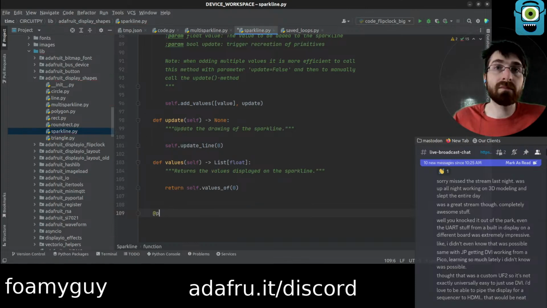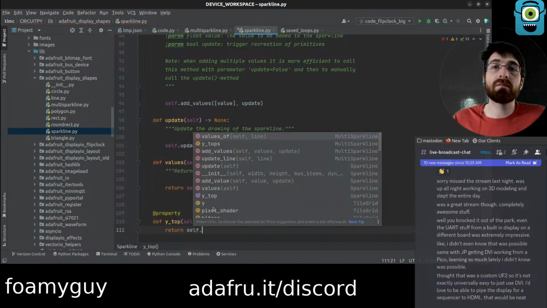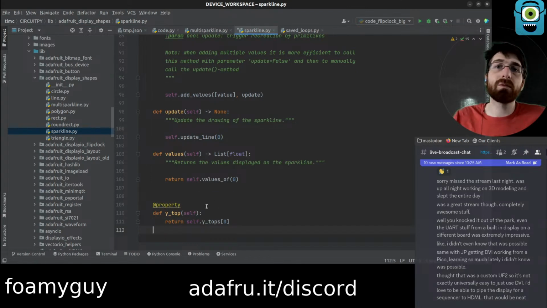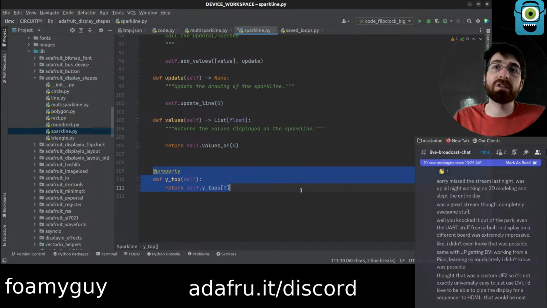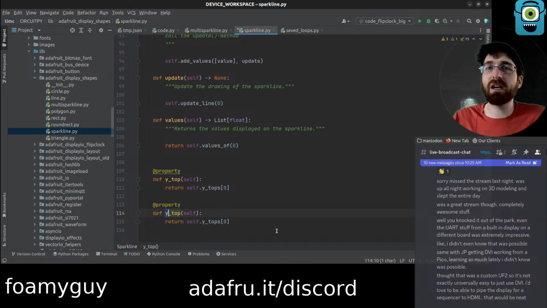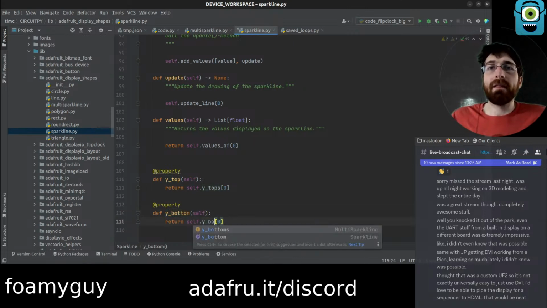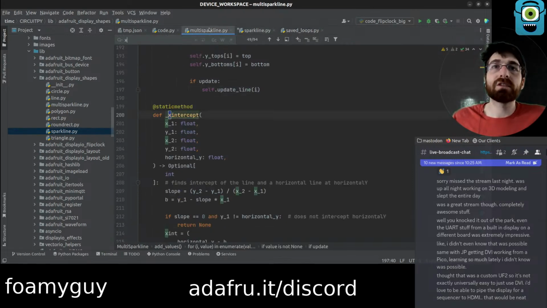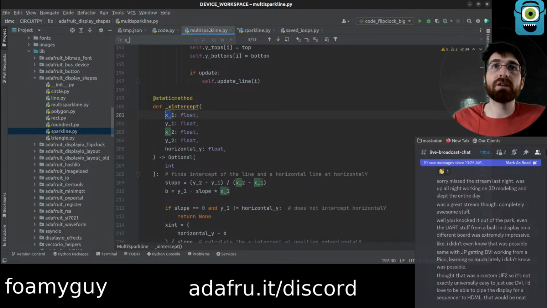Property. We're going to need bottoms, and I assume we'll probably need X's as well? Or maybe not. Do we need X's as well, you think? Is there an X tops? No. Or an X like lefts? Rights?